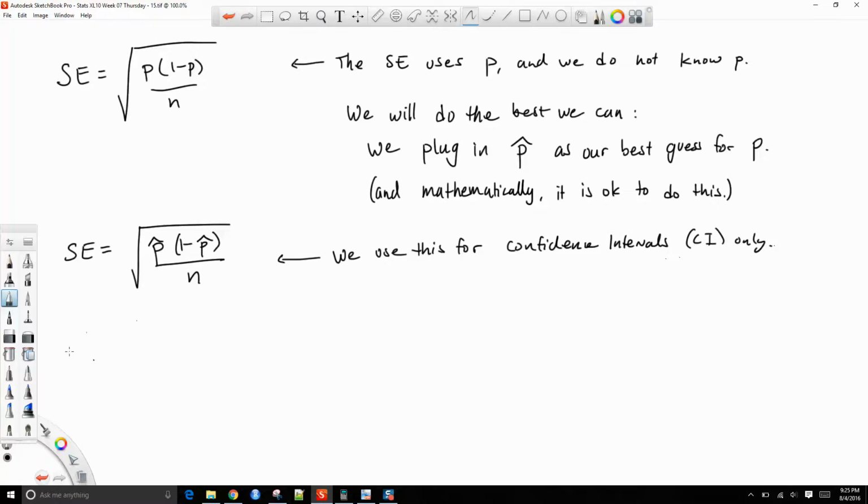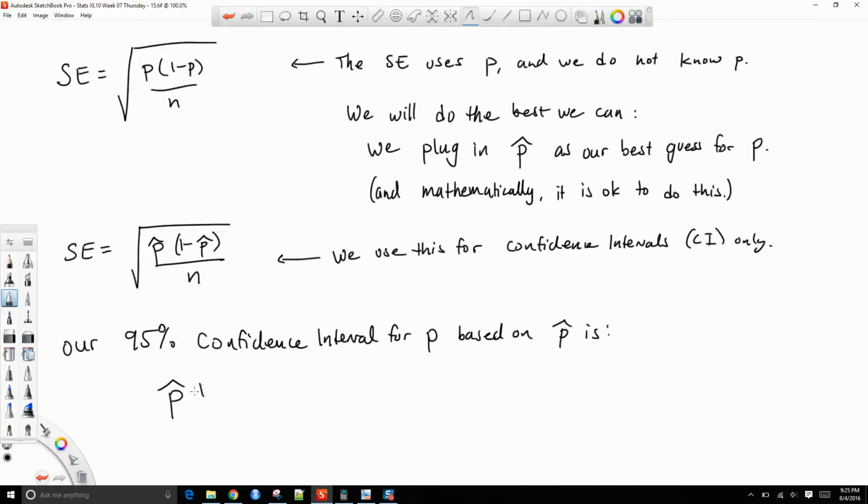Okay, so to sum up, our 95% confidence interval for p based on p hat is p hat plus or minus 1.96 times the square root of p hat times 1 minus p hat over n. All right, hang in there.